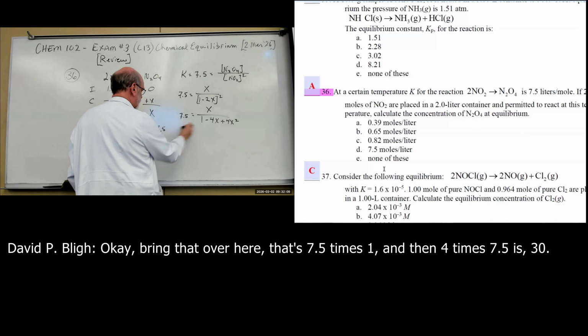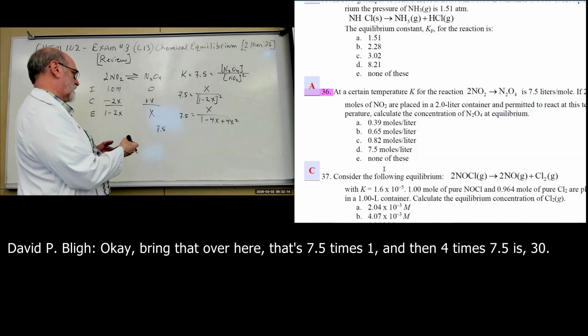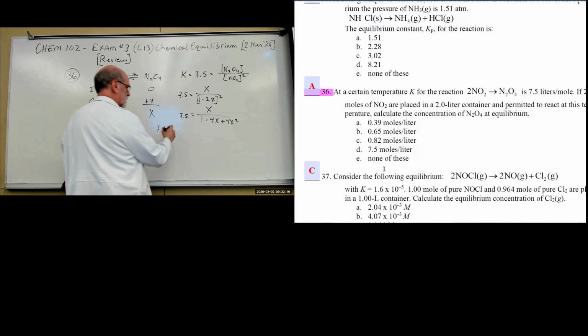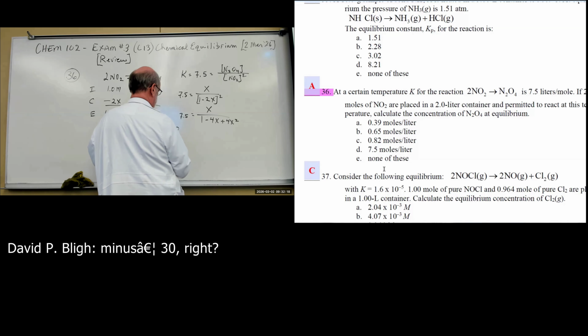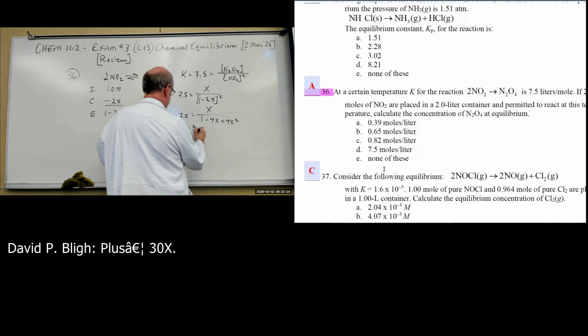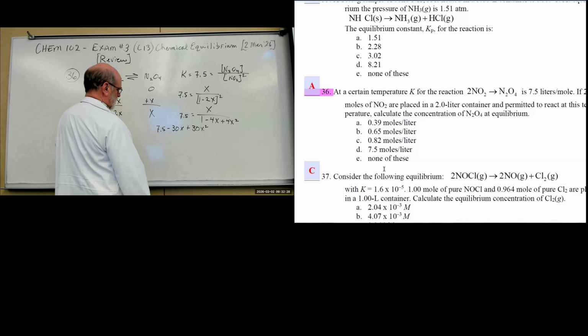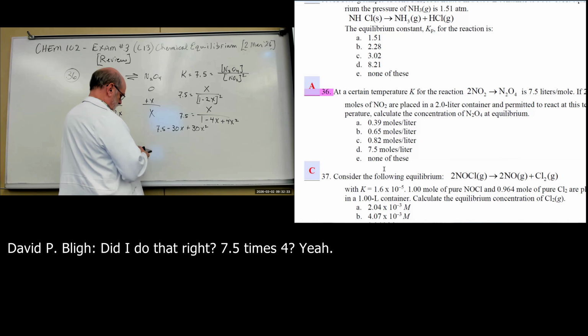That's 7.5 times 1, and then 4 times 7.5 is 30, minus 30X plus 30X squared. Did I do that right? 7.5 times 4.